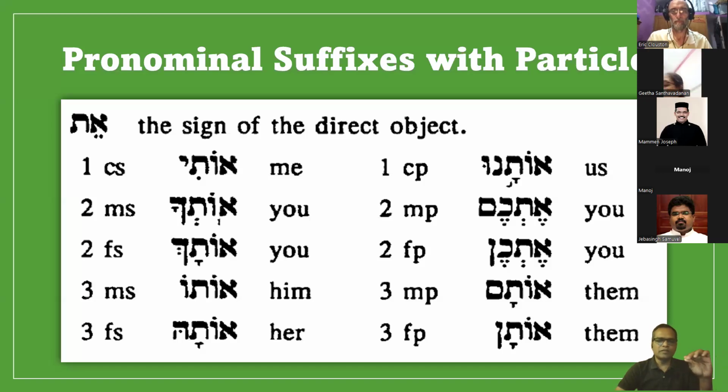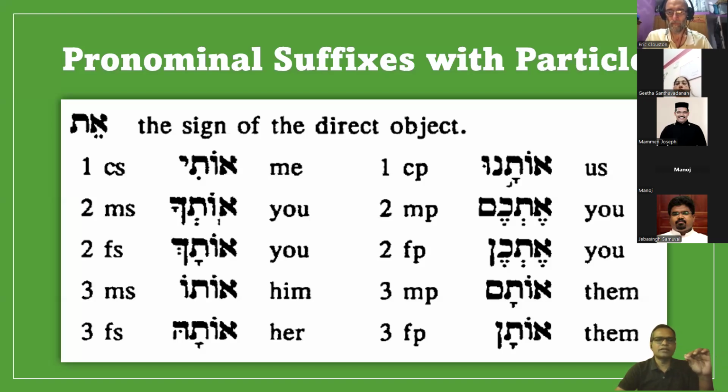So oti becomes me, otkha you, otakh you, oto him, otah her, otanu, etkhem, etkhen, otam, otan: us, you, them.